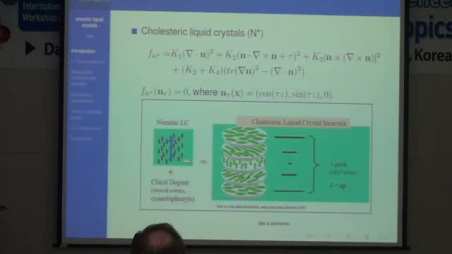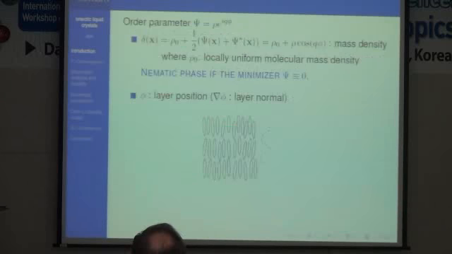If you just twist around, every half pitch you can view as a layer. So this can be viewed as a lamellar system, and I believe experimentally they use this material probably because the half pitch is in the micrometer range, but in smectic liquid crystals the layer thickness is in the nanometer range, so it's harder to visualize.